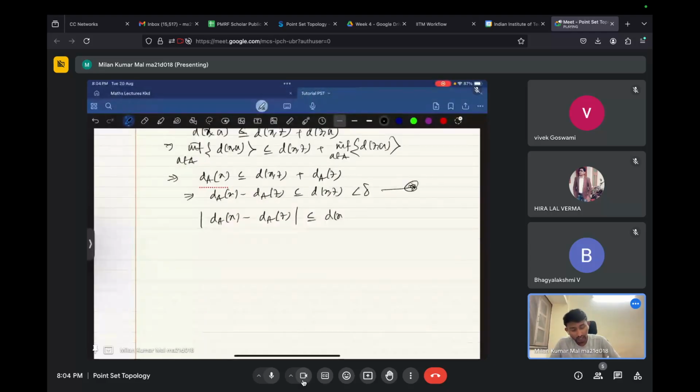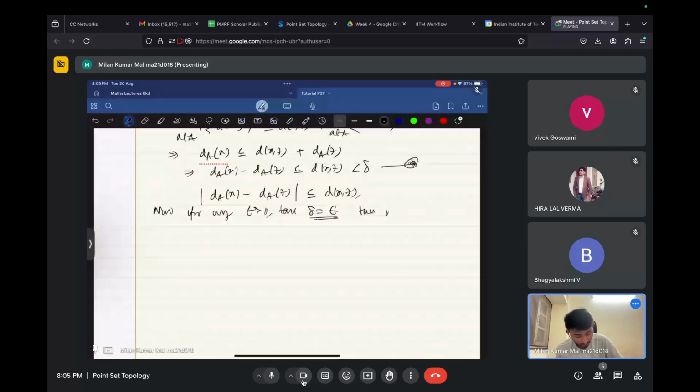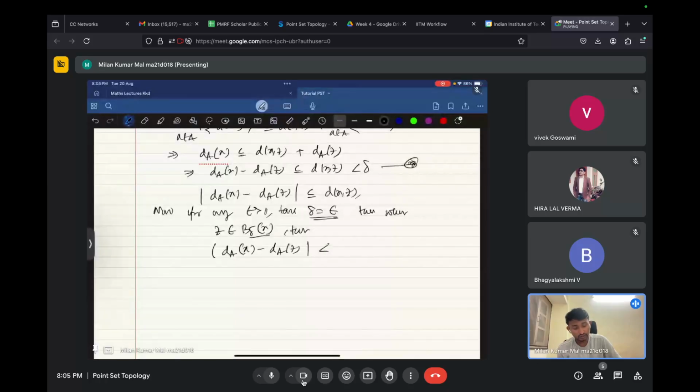Now for any epsilon greater than 0, take delta equal to that epsilon. I have to choose the delta, right? But I am choosing delta as the epsilon. Then when z is coming from the B delta of x, the |d_A(x) minus d_A(z)| is less than or equal to d(x,z), which is less than delta, which is equal to epsilon.